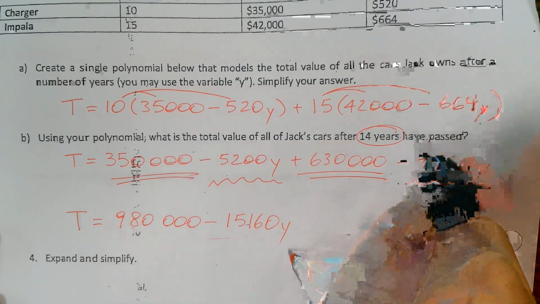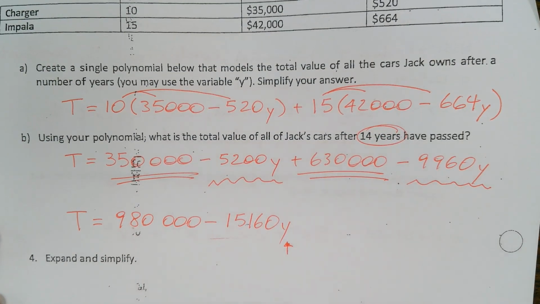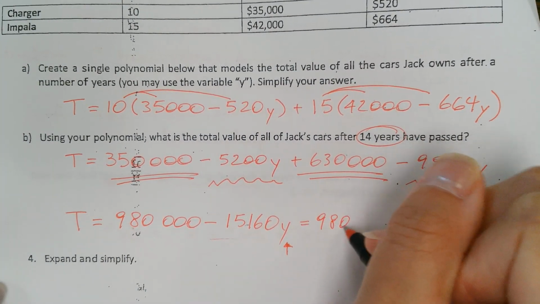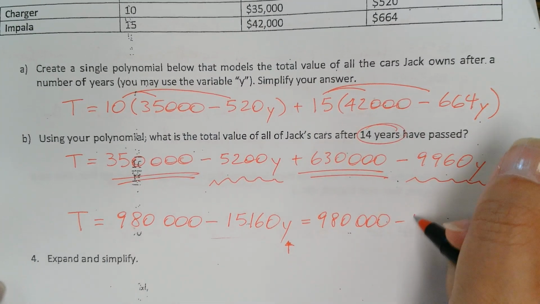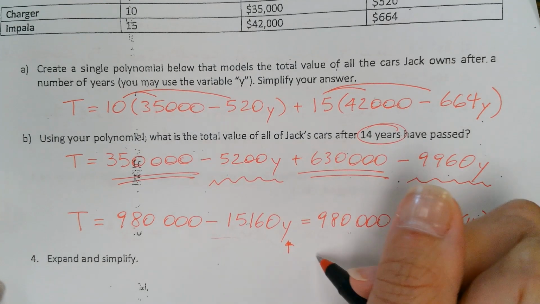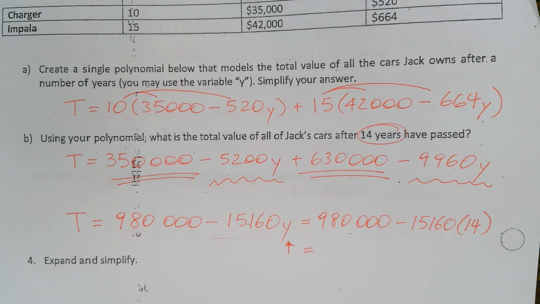After 14 years, I'm going to replace this y with a 14. So 980,000 take away 15160 times 14. So what is the value of all the cars? 15160 times 14.